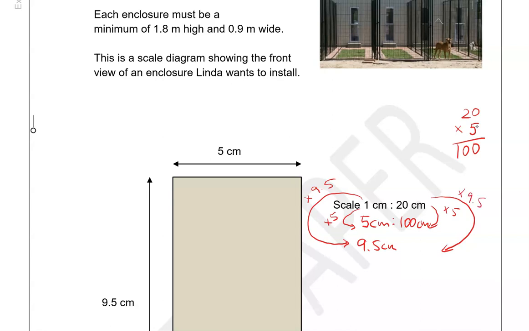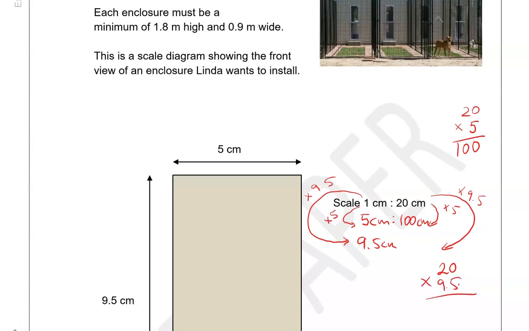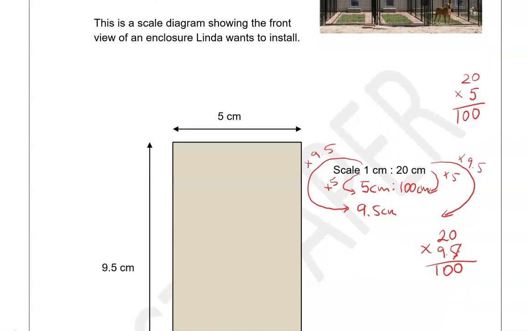So 20 times 9.5, so 5 times 0 is 0, 5 times 2 is 10, so moving down, so put in a 0 first, and then 9 times 0 is 0, 9 times 2 is 18. So 0, 0, 9, 1.